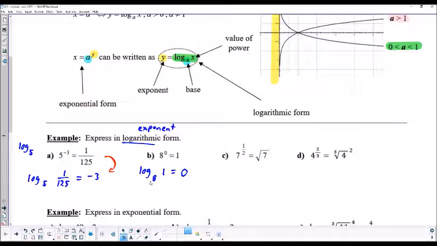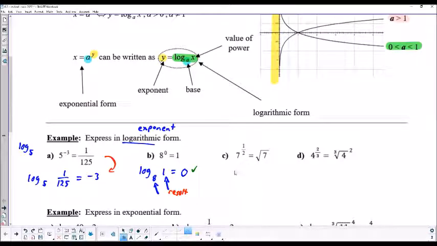That's how you would read it: what do you raise 8 to, to get a value of 1? In this case, the answer is 0.